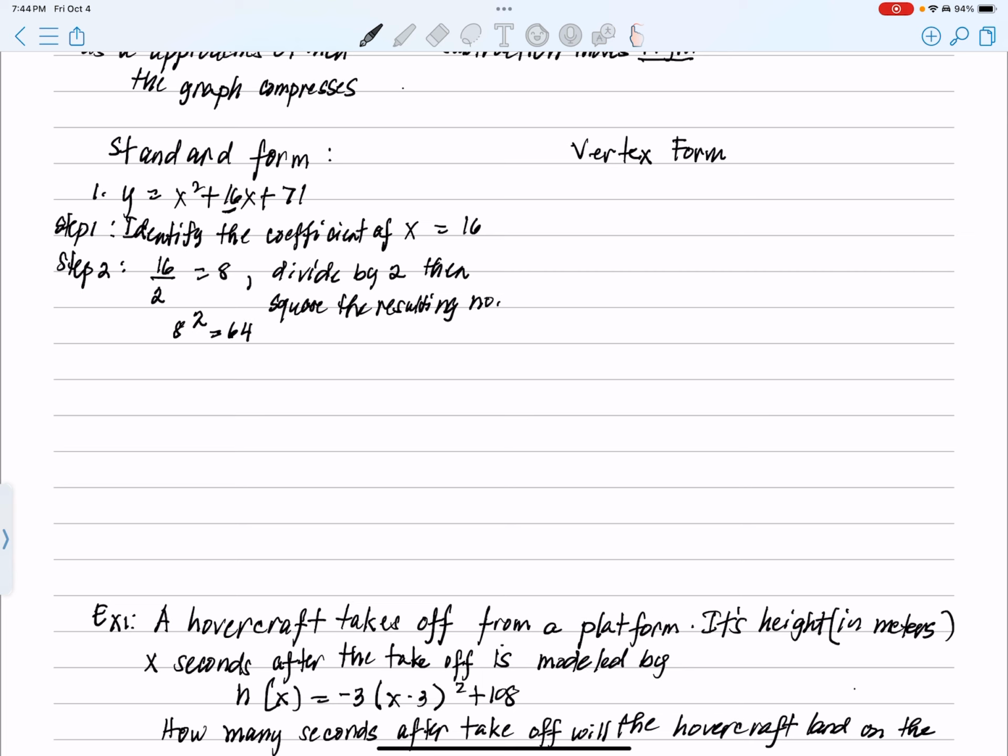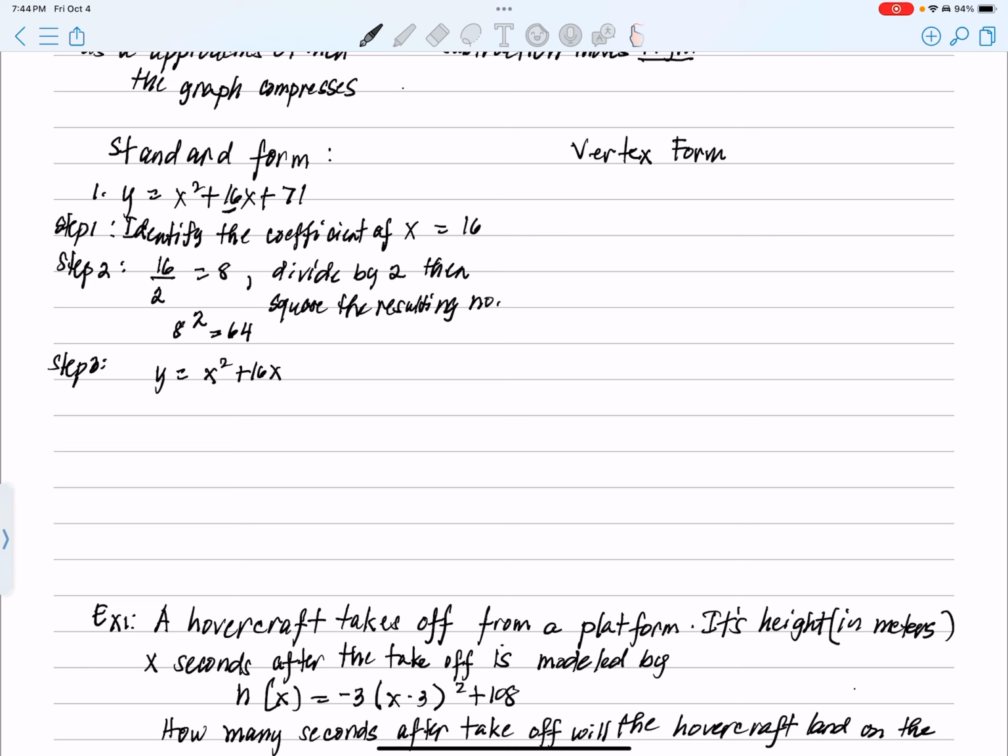Okay. Step 3. You're going to add and subtract the squared number in the x term in the expression. So we have y equals, let's go back to the expression, y equals x squared plus 16x.